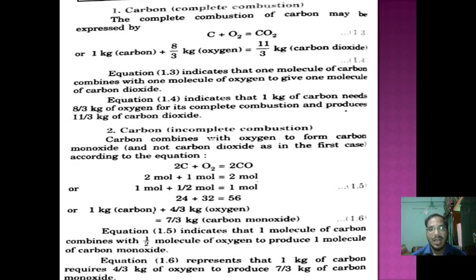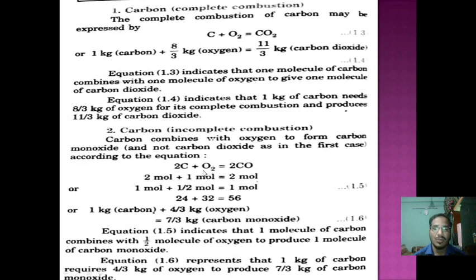Okay, next, carbon incomplete combustion. Sometimes incomplete combustion happens because we are taking two times carbon plus oxygen, which gives 2 CO. As you know in mathematics, we speak of the coefficient of x and the coefficient of y; here we are talking about moles. 2C, the 2 represents 2 moles of carbon.